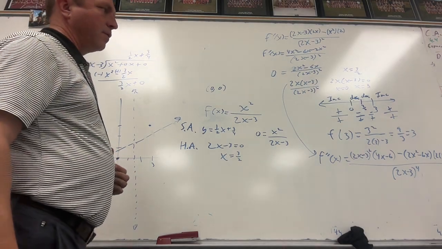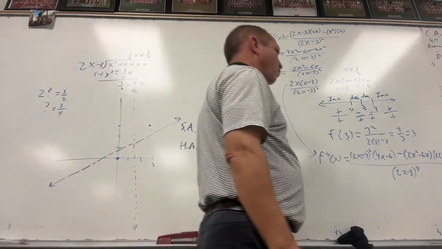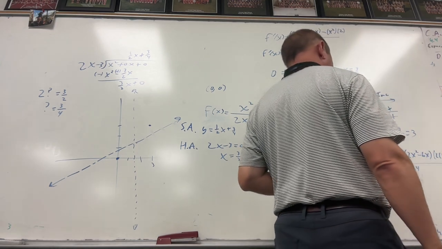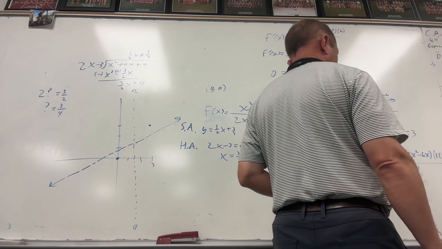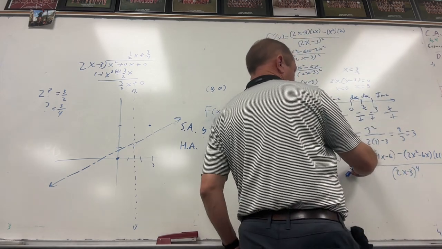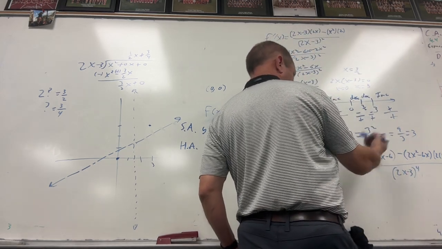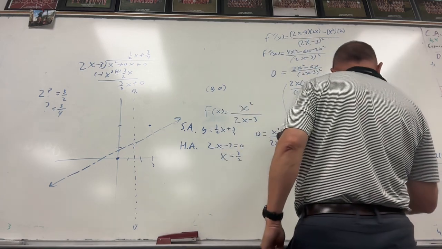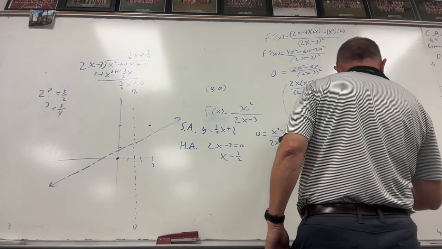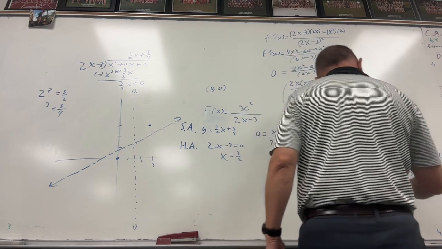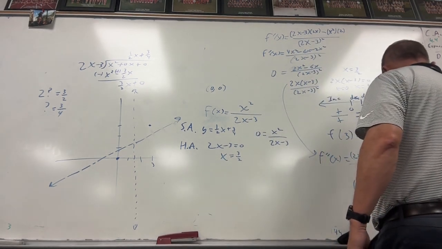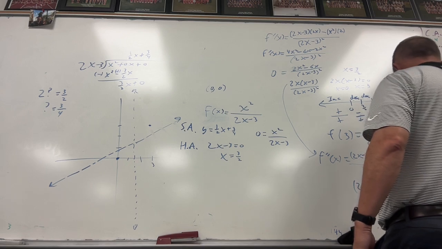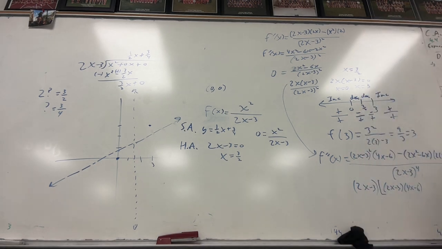Okay, so at this point here, let's factor out what we can. All right. I'm going to factor out just a 2x minus 3. Could factor out more, but. And then what's left over here is the 2 times 2, so that's 4.